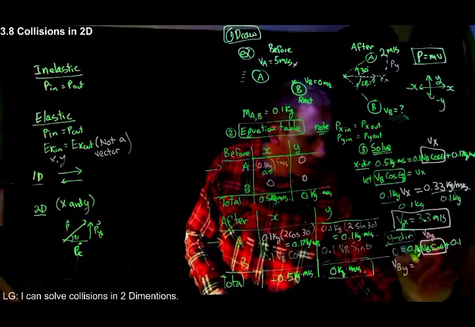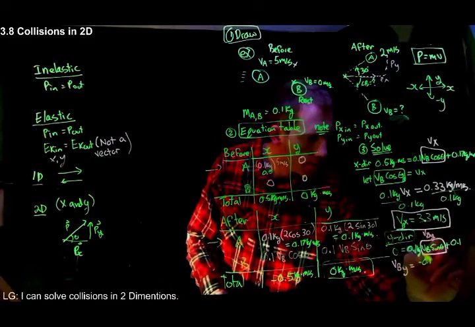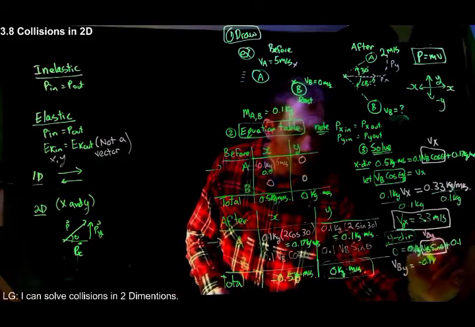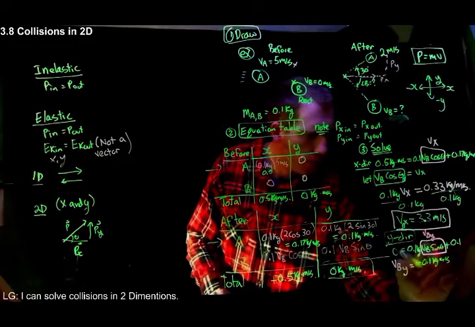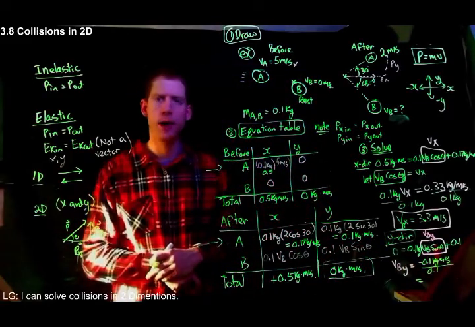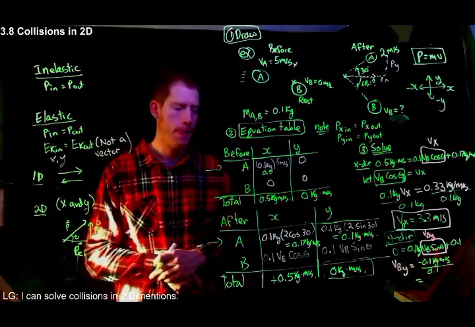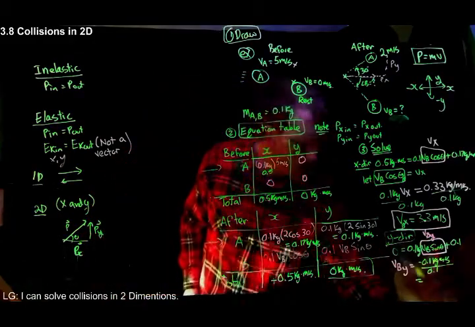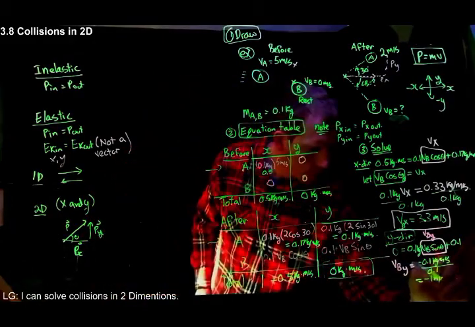It will be equal to negative 0.1 kilogram meters per second divided by 0.1. What do I get? What is the final speed in my y direction? It's going to be equal to negative 1 meters per second.